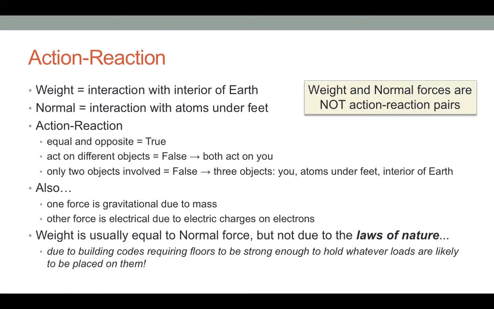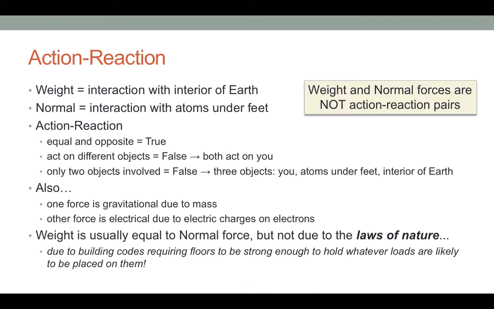Finally, there can be only two objects involved, and we're talking about weight and normal force. We actually have three objects. We have you, both the forces are acting on you, but they're from two different objects. One is the dirt under your feet, which really means the atoms under your feet. And the third object is the interior of the Earth, which means atoms very far away from you, including atoms in the core of the Earth.